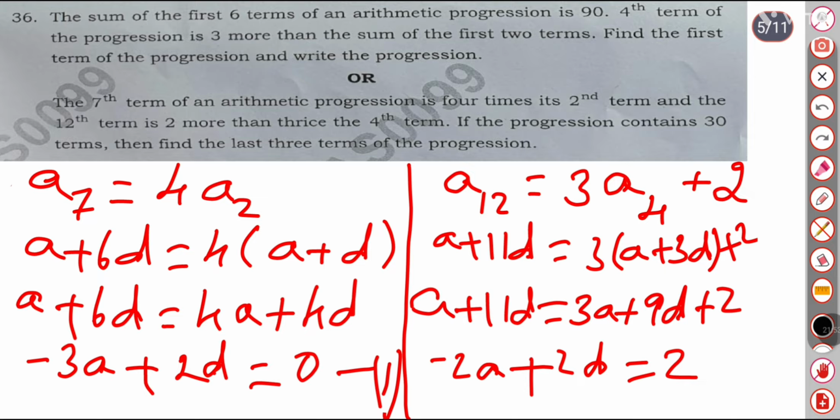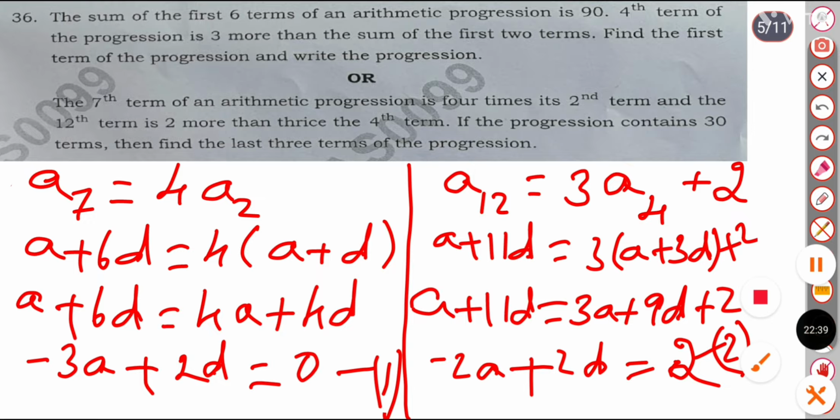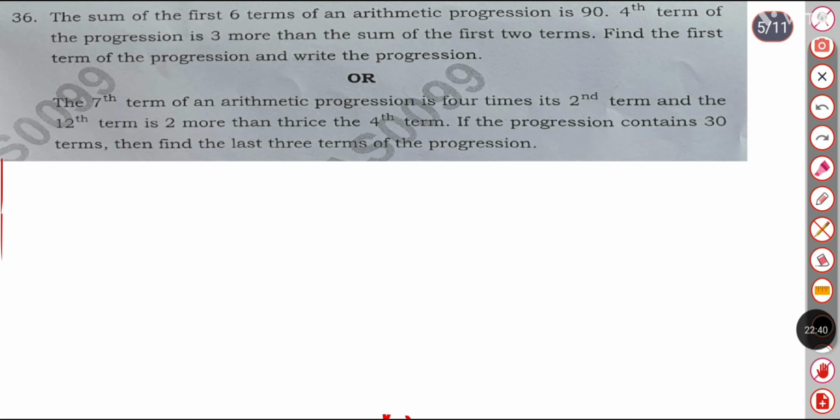Here 2D is there. So if we subtract, otherwise this is equation number 2. Now we will write these 2 equations. Equation 1 is minus 3A plus 2D is equal to 0.